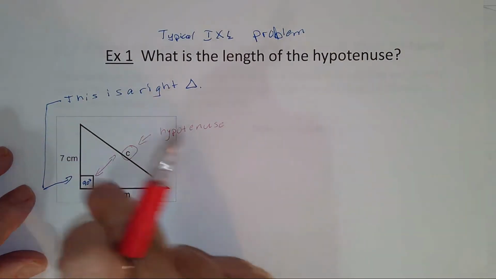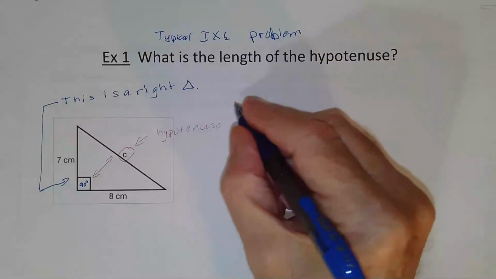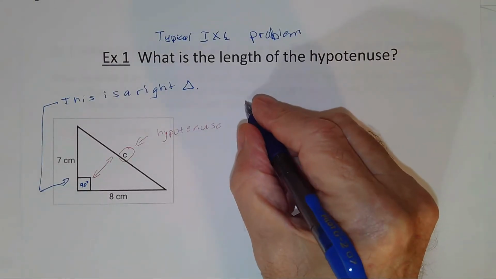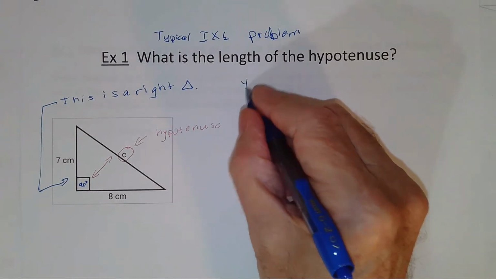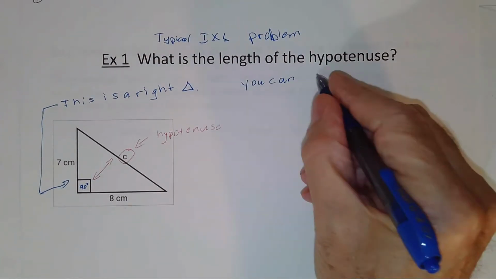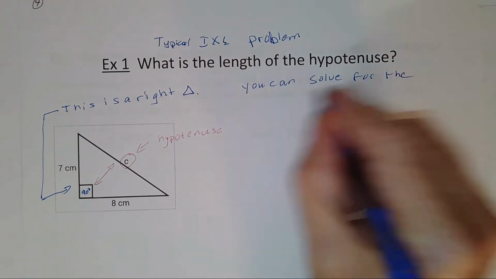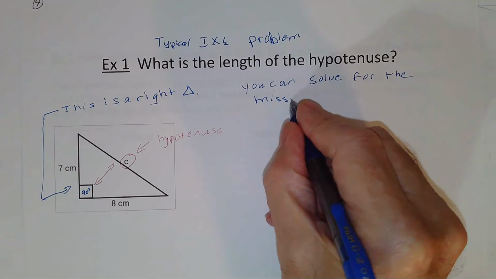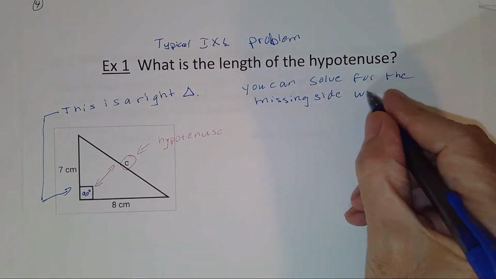These you can reverse. So you're going to set up your problem. This is a right triangle, so you can solve for the missing side with the Pythagorean theorem.